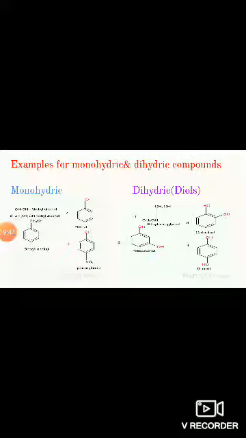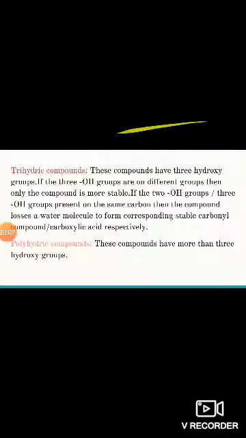If two hydroxy groups are at 1,3 position, that is meta position, then it is called resorcinol. If two hydroxy groups are located at 1,4 positions, then it is known as quinol or hydroquinone. These are examples for some dihydric compounds or diols.